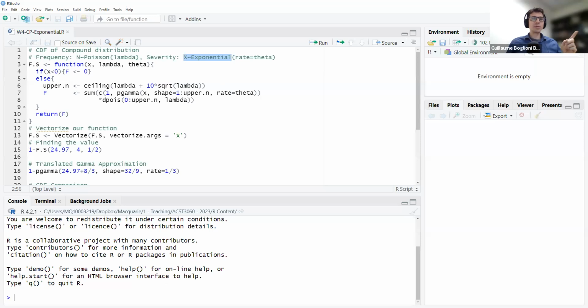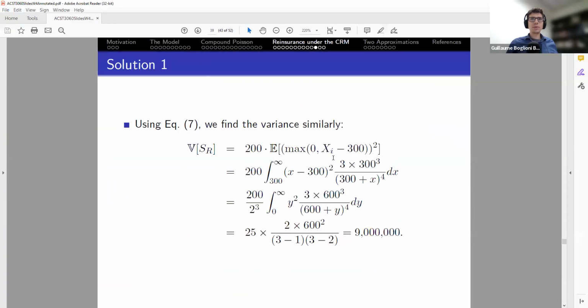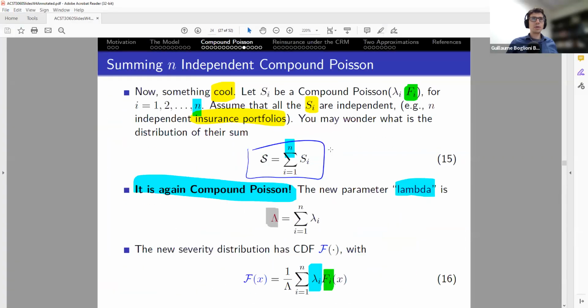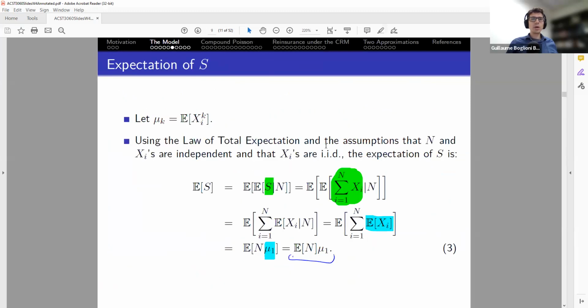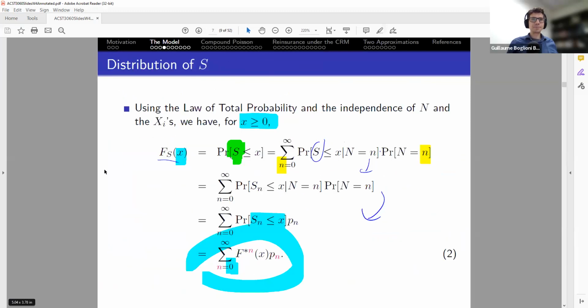Actually, maybe I should go back to the slides just to make sure we agree on this, or we know what we're talking about in terms of theory. So, going back to the slides for a second. Week 4 slides, obviously. What I'm going to implement is simply this formula. The CDF of S is going to be a sum.